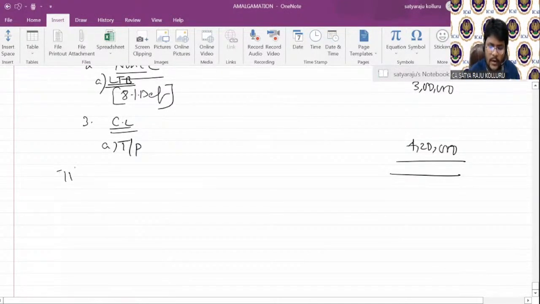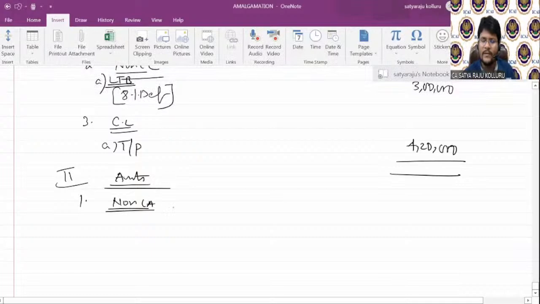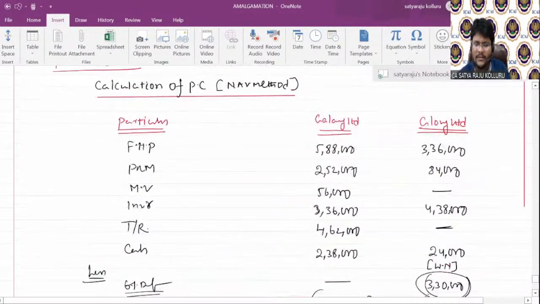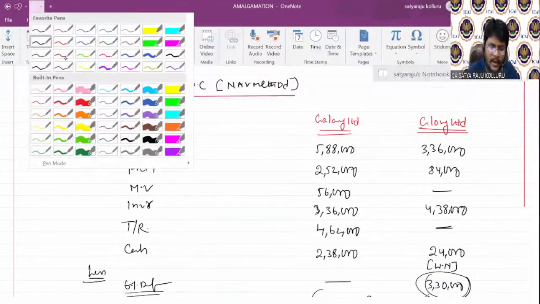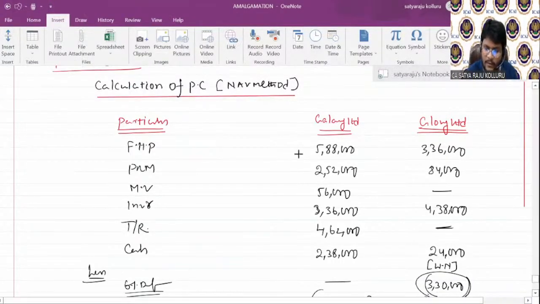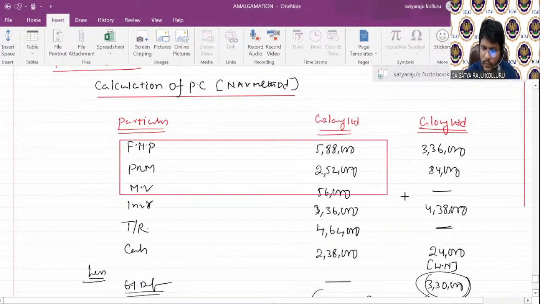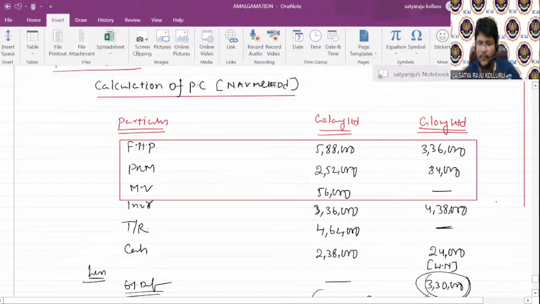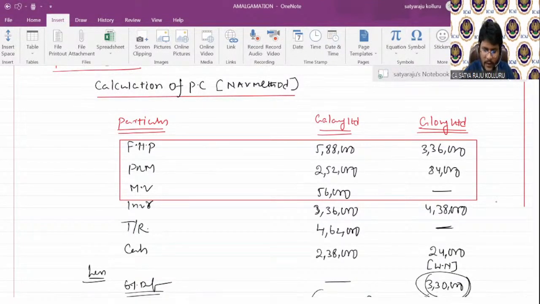Now you can come to assets, guys. Under assets, number 1, non-current assets. You can simply see the net asset value method. All are exist. Sir, first under non-current assets, PPE, the PPE value is the total of this. 5,88,000 plus 2,52,000 plus 56,000 plus 3,36,000 plus 84,000.